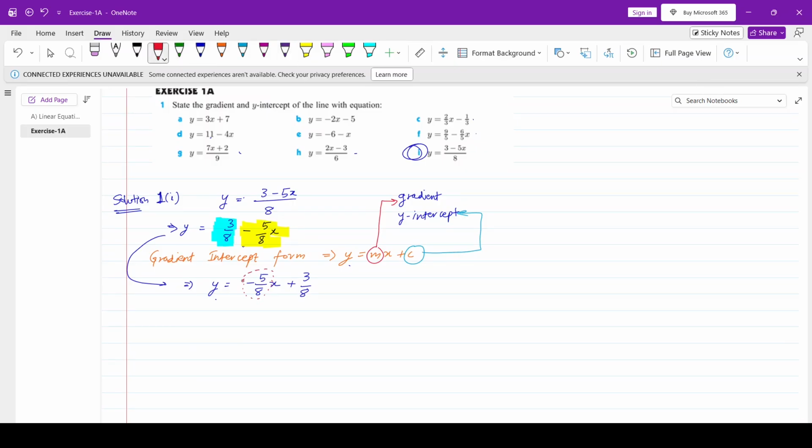The term here, minus 5 by 8, is our gradient, and the term here is our y-intercept, 3 by 8, and this is our answer. Now just as I solved this question 1i, any other question can be solved the same way.